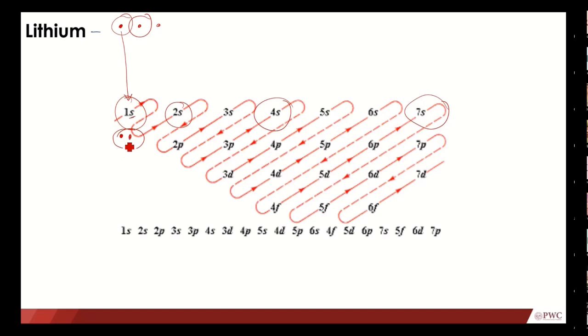Maybe the first electron has an up spin, then the second electron has a down spin. So in every orbital, there are two possible electrons that can occupy it, because we have two different values for spin. One can spin up and the other can spin down.